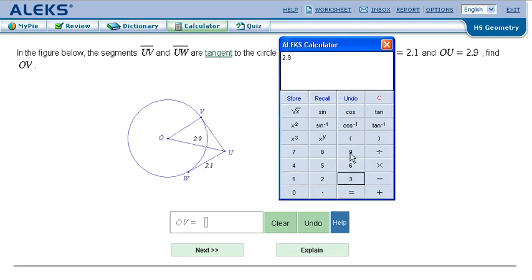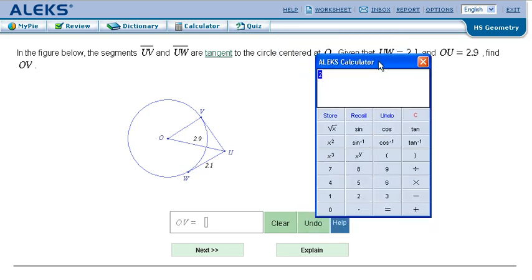So it's 2.9 squared. We're going to put it under the square root sign first. So we have 2.9 squared minus 2.1 squared, under the square root sign, and we get, in this case, 2.